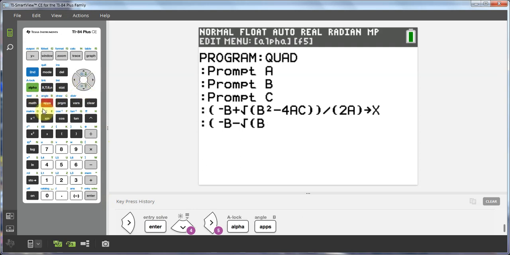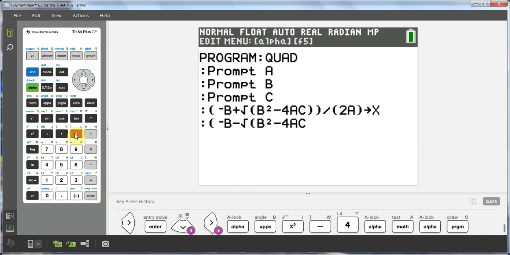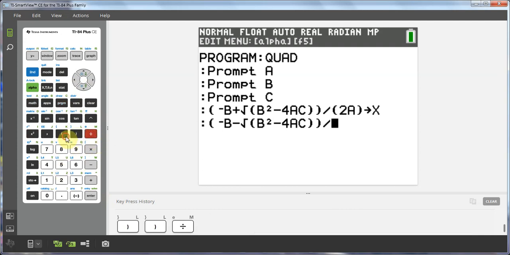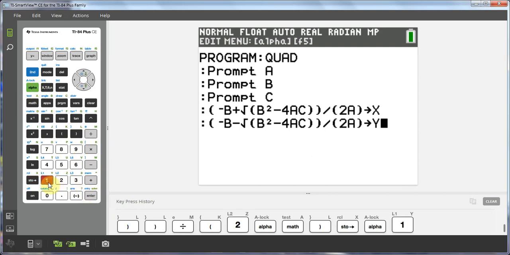And we'll store it in another variable, which we can say is y. Okay. So x contains one result of the quadratic formula, and y contains the other.